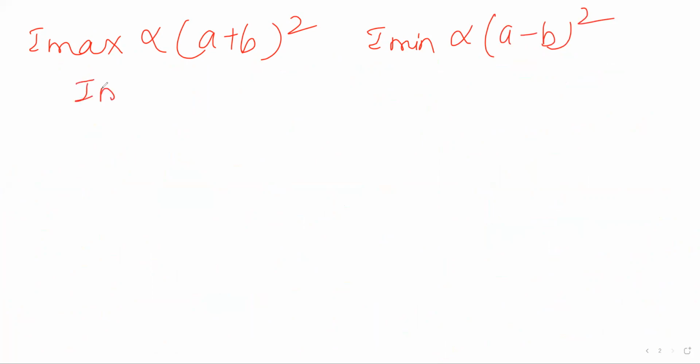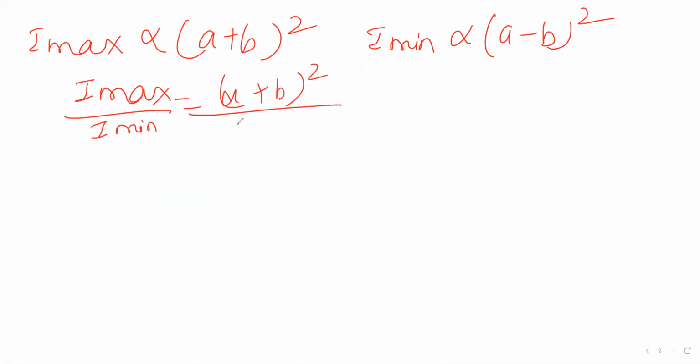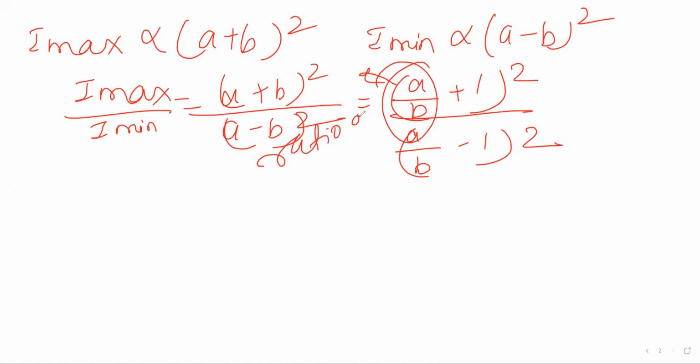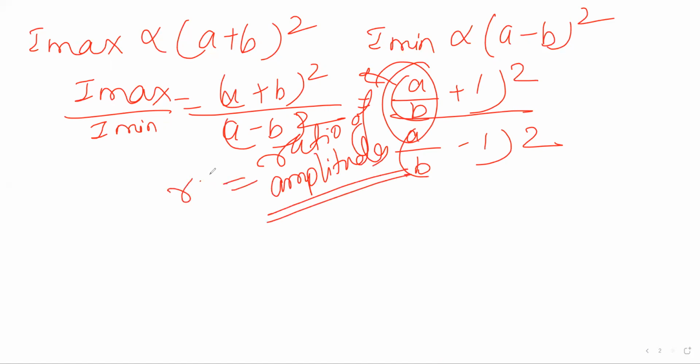If I divide I max by I minimum, then I will get A plus B whole square divided by A minus B whole square, or you can also write it as A by B plus 1 whole square divided by A upon B minus 1 whole square. And this A upon B is known as what? My ratio of amplitudes, which is denoted by small r.